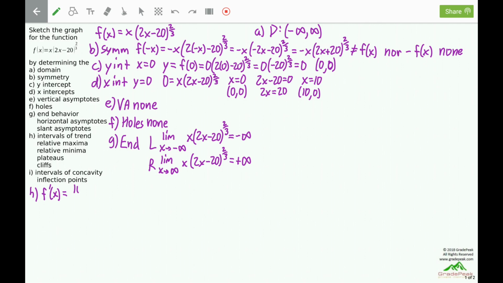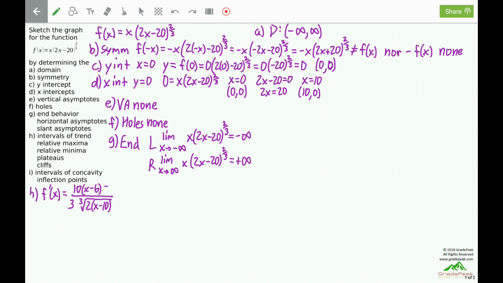That was 10 times (x - 6), divided by 3 times the cube root of 2 times (x - 10). So we have the first derivative written as a single fraction, all powers are positive, and it is fully factored.